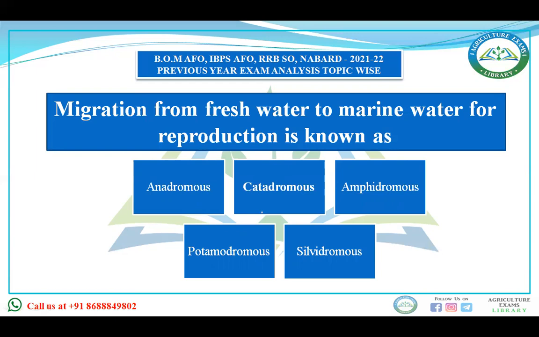The answer is catadromous. In this, the fish migrates from fresh water to marine water for reproduction. There are various different terminologies related to this topic. You have to study this in a little more detail, for example, some fishes live in marine water but move to fresh water for reproduction, what they are called, and this type of questions you should study.